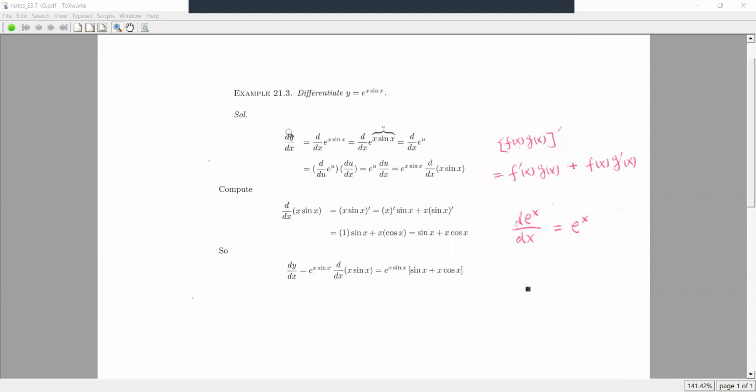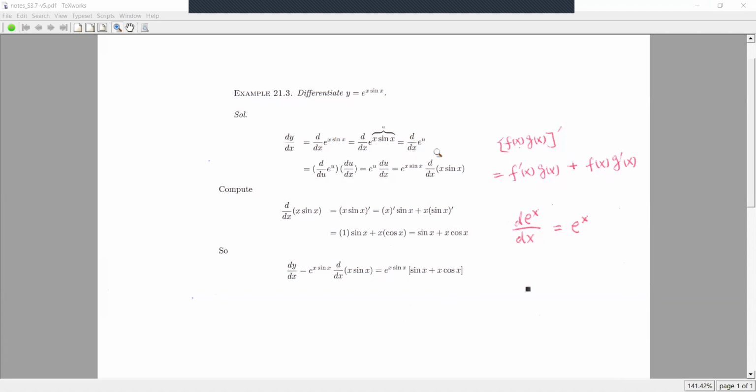Now, take derivative on y with respect to x. Plug in the function for y, then I have this equation. Now, I want to simplify this function. I let u be the power, x times psi of x. Then the function becomes very simple, just e to u.